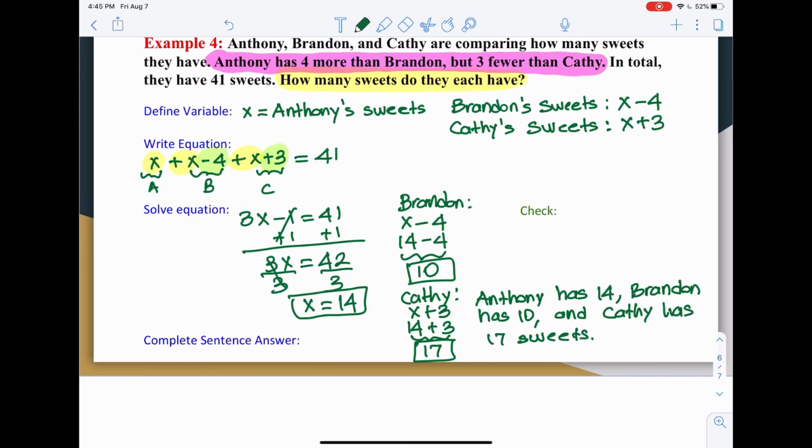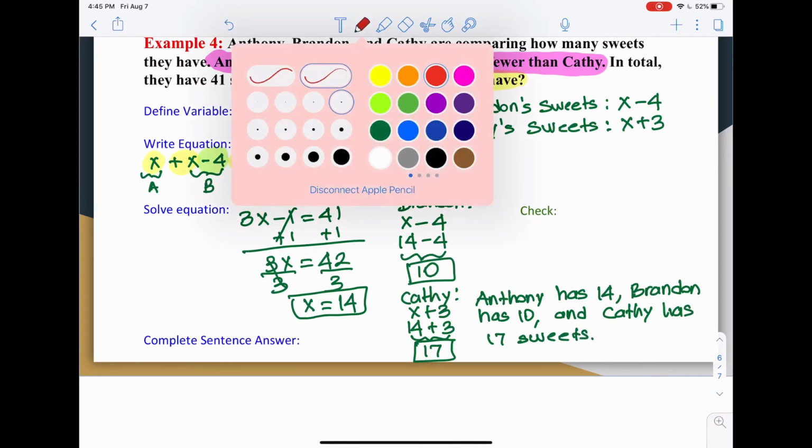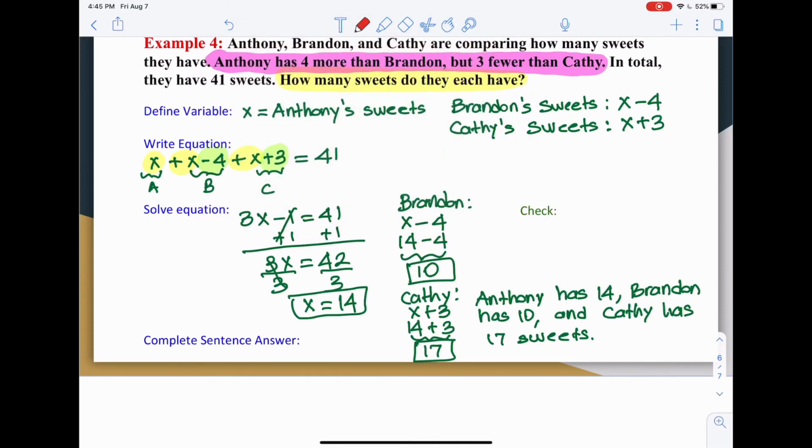Okay. The last step of our problem solving is checking your answer, as you know. So let's check our answer. I'm going to take the original equation, which was x plus x minus 4 plus x plus 3 equals 41. And I'm going to substitute 14 for x. 14 plus 14 minus 4 plus 14 plus 3 equals 41, or not.